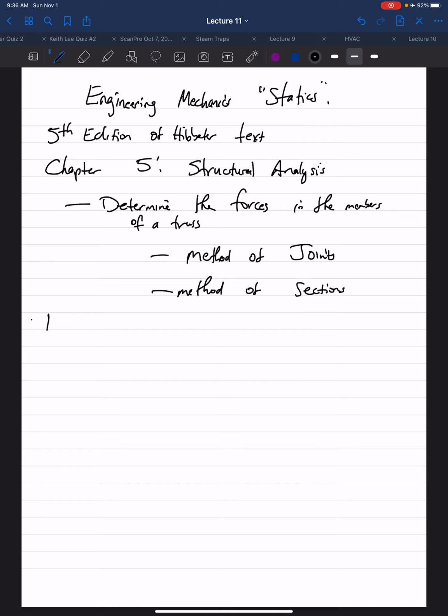So what is a truss? It's a structure that is composed of slender members joined together at their endpoints.